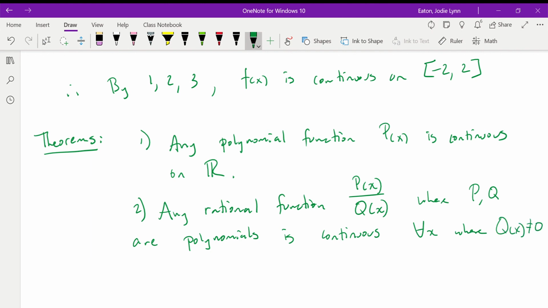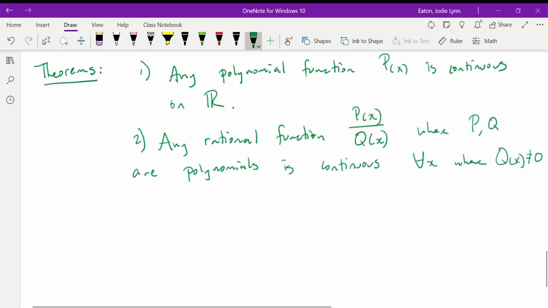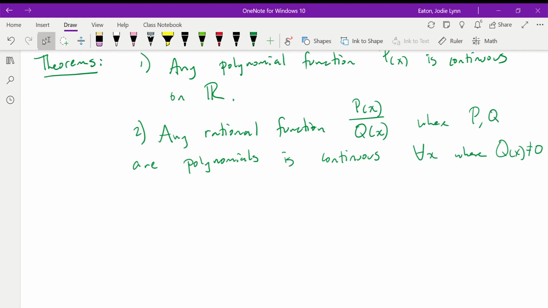So wherever it is defined, the function is continuous. The only discontinuities would be where q of x is equal to 0.